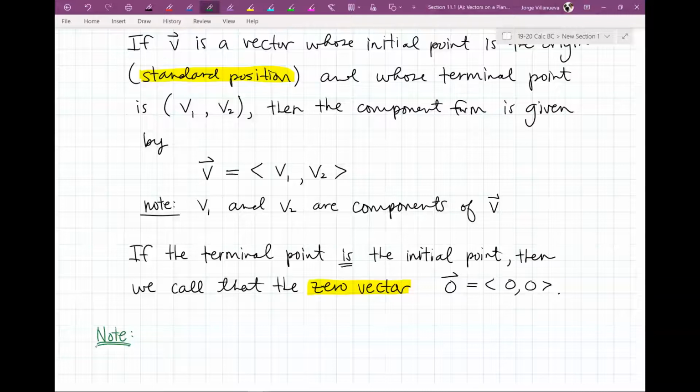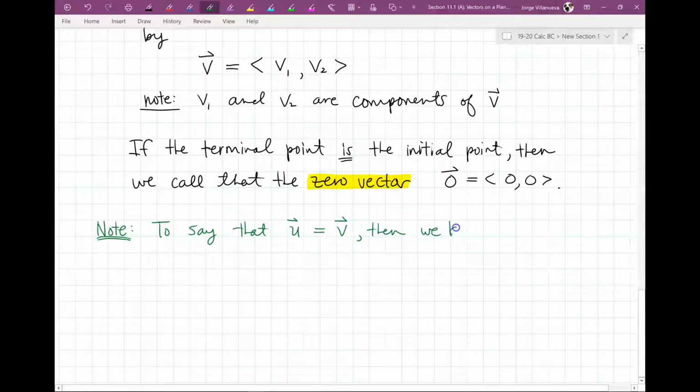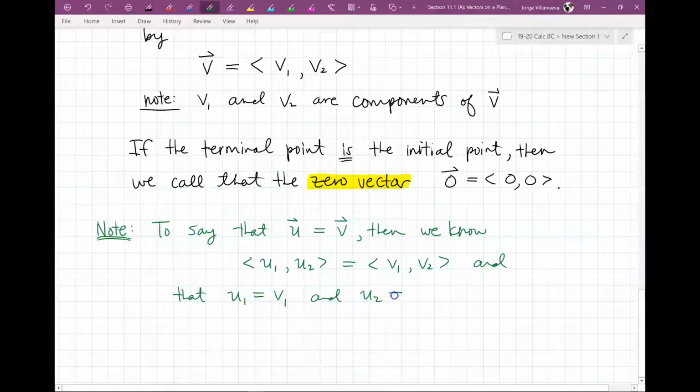So if they say that 2 points or 2 vectors are equivalent, so let me put that right here, to say that vector u was equivalent to vector v, then we know that vector u, so notice how I'm writing this in component form, and vector v are equal to each other, and that u sub 1 must be equal to v sub 1, and u sub 2 must be equal to v sub 2.